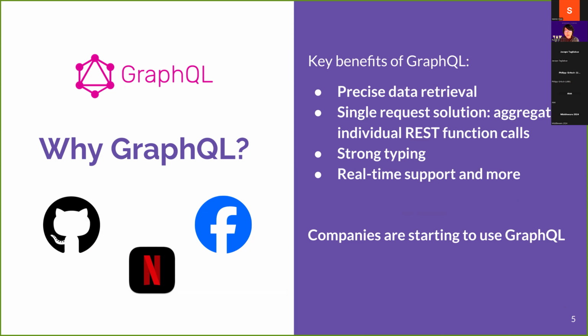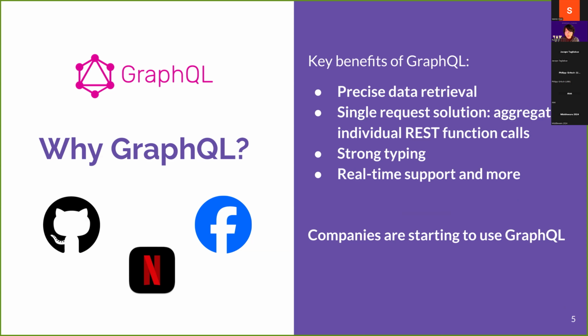You can aggregate individual REST function calls and gather the request result in one round trip. And strong typing systems thanks to GraphQL schema design. And also a bunch of other features which we didn't use in our experiments, but could be important for real-world applications, like real-time APIs.